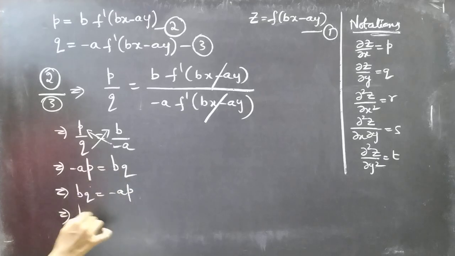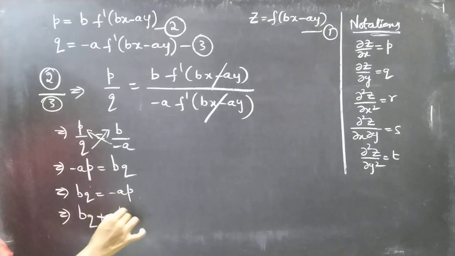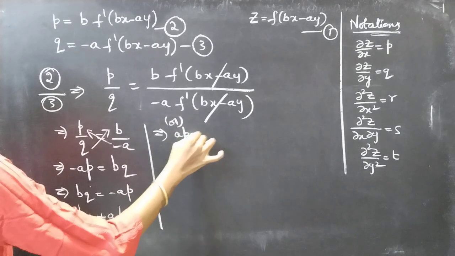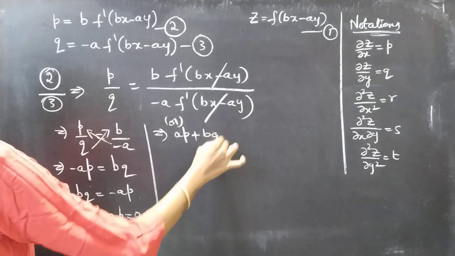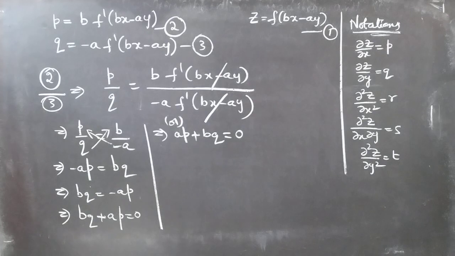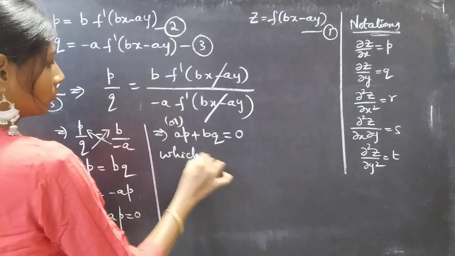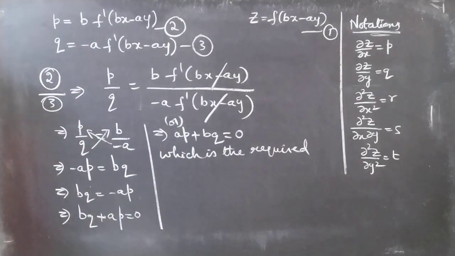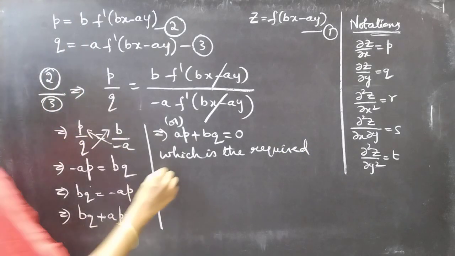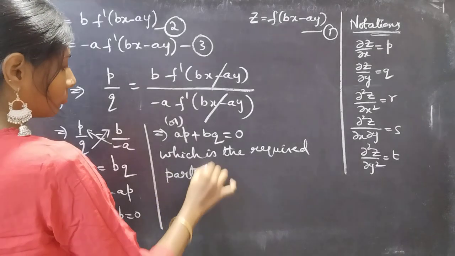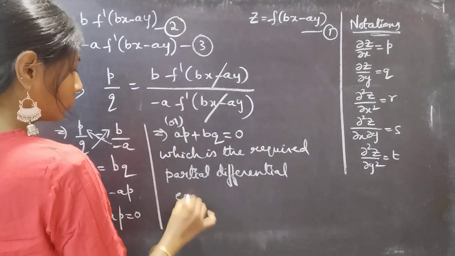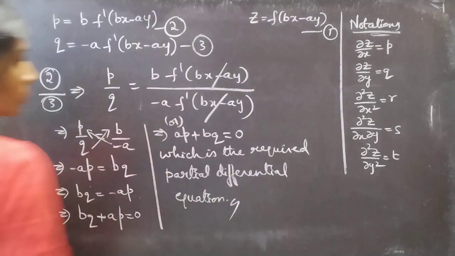Now bring this here, then we'll get bq plus ap equal to 0, or ap plus bq equal to 0, which is the required partial differential equation. Which completes the problem.